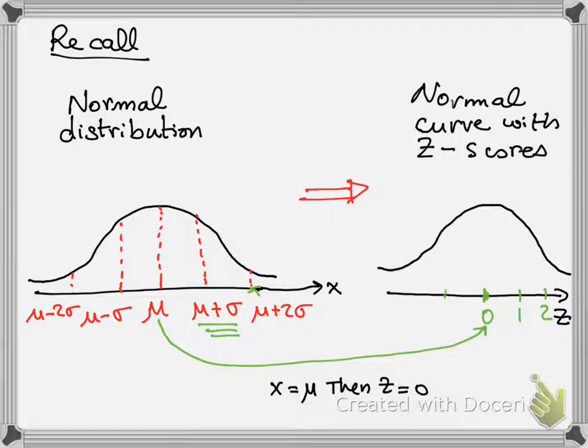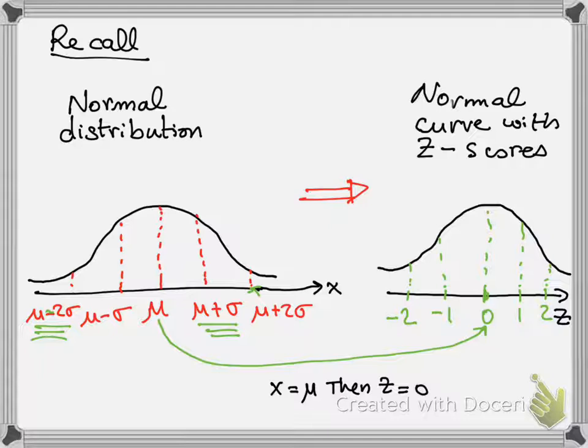If x is mu minus sigma, that's 1 standard deviation below the mean, so that's on the left of 0, and that would be -1. And when x is mu minus 2 sigma, that's 2 standard deviations below the mean, so that's -2. And we have the same curve here, and we still have the same areas, so the same probabilities.